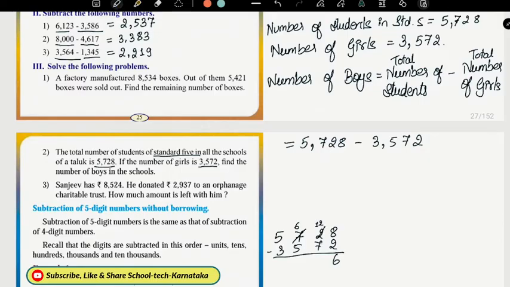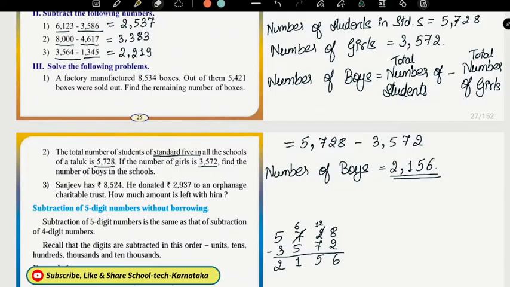So 12 minus 7 is 5. Now 6 minus 5 is 1 and 5 minus 3 is 2. So our answer is total number of boys in standard 5 is equal to 2156. So this is our answer.